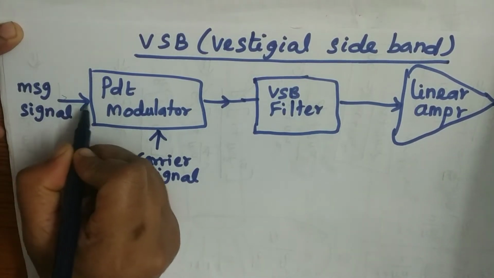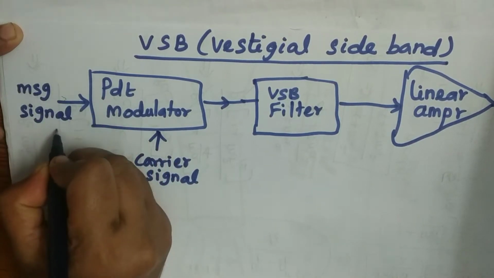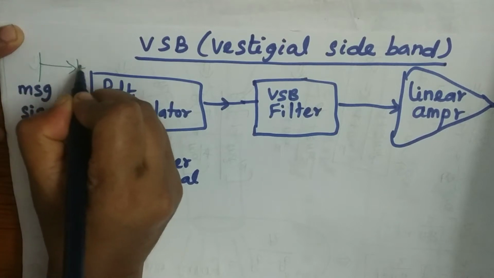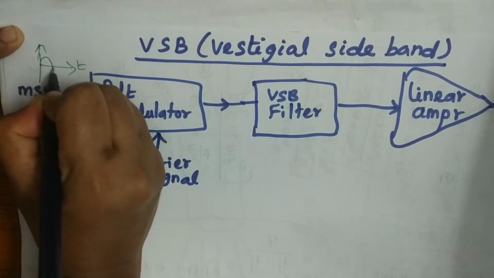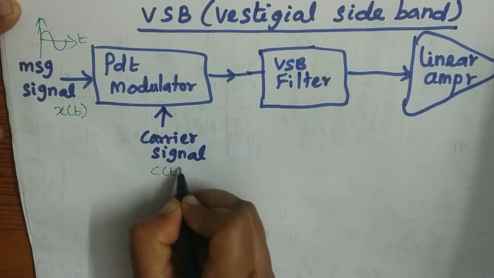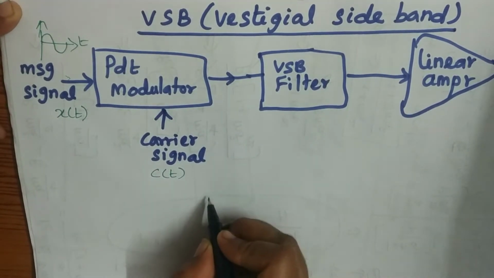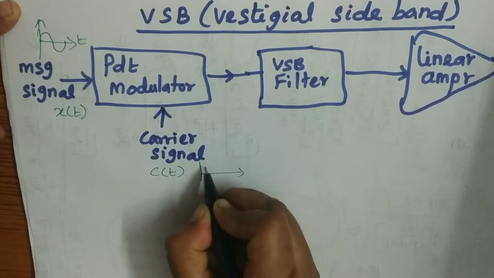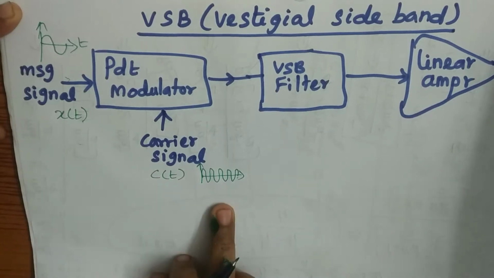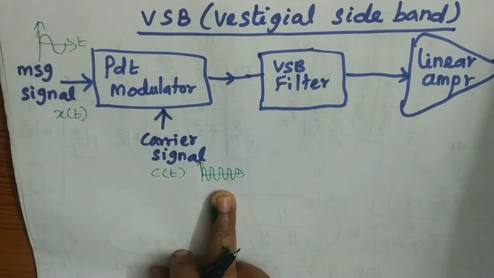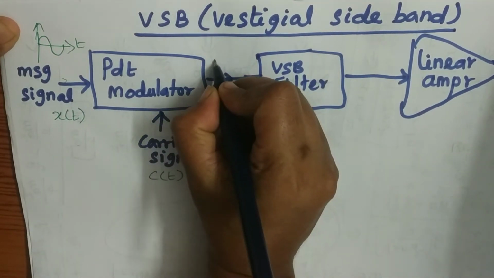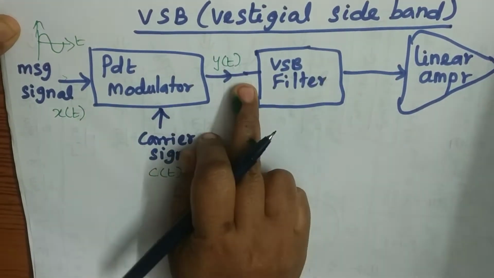Here we are giving the message signal, which is a low frequency signal, represented by X of t. Then we give the carrier signal, which is represented by C of t. The product modulator output is represented by Y of t.